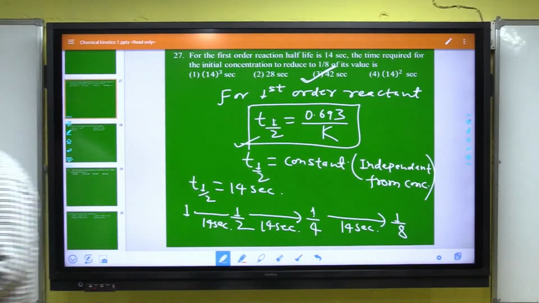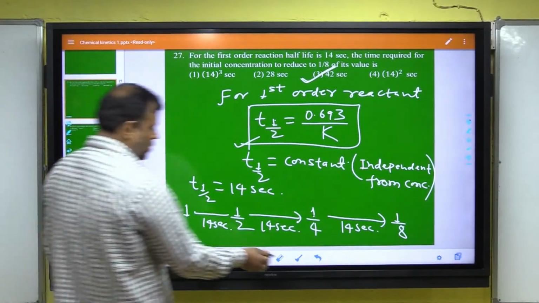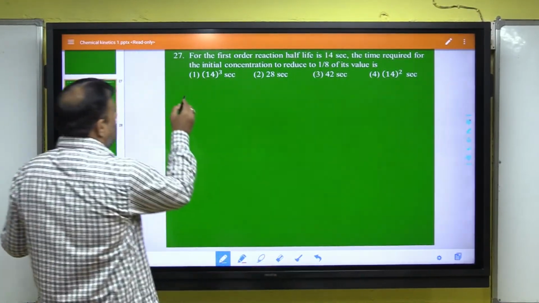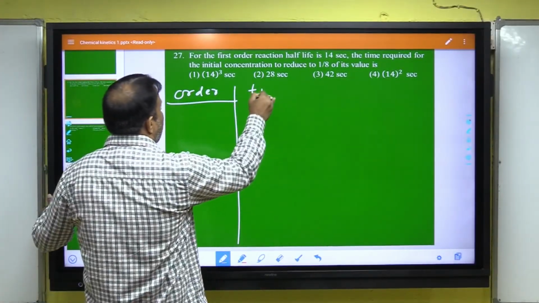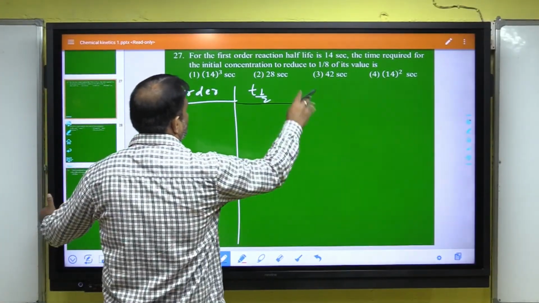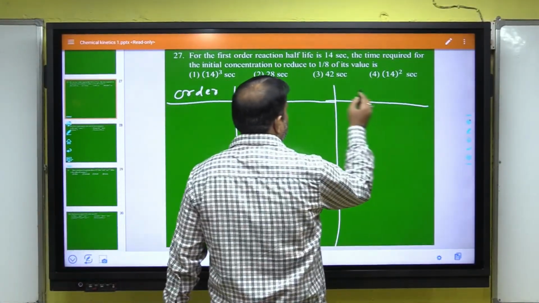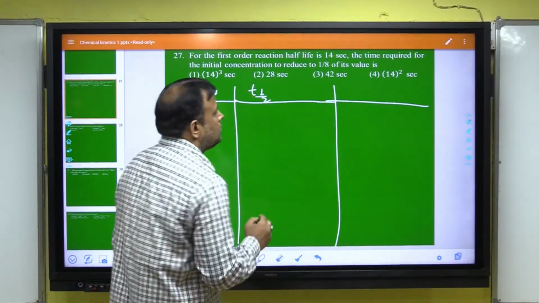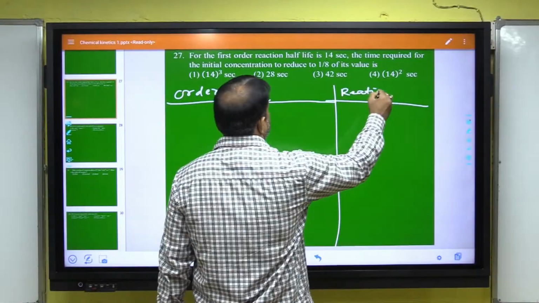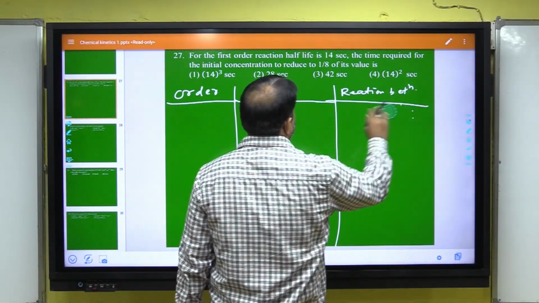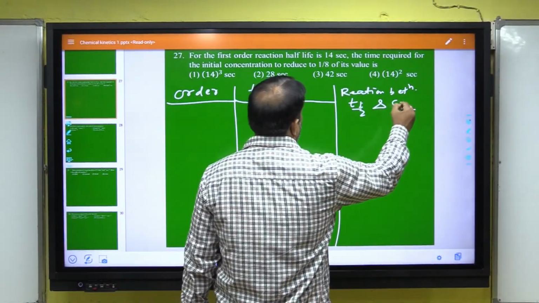Look at the board. Listen. Order, T half, relation between T half and conc.